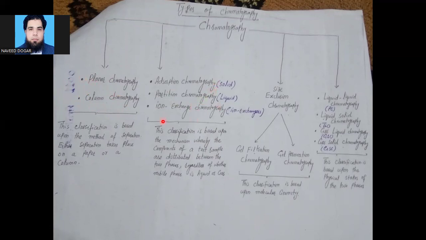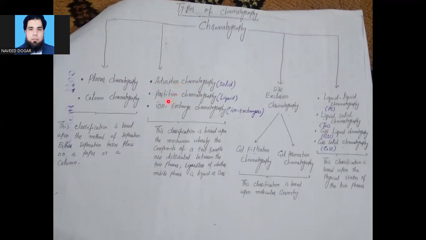Then the second type of classification is based upon the mechanism through which the components of a mixture get distributed between two phases. Two phases means mobile phase and stationary phase. So there are three types of chromatography depending upon this criterion: adsorption chromatography, partition chromatography, and ion exchange chromatography. Basically, in adsorption chromatography, the components of a mixture get adsorbed on the surface of the stationary phase.